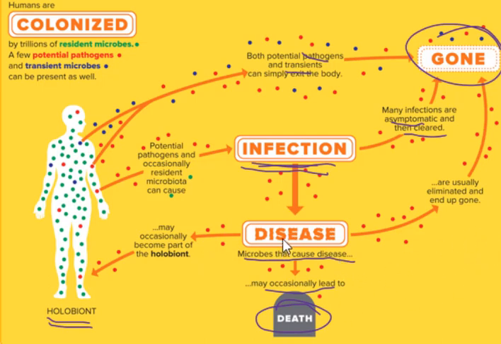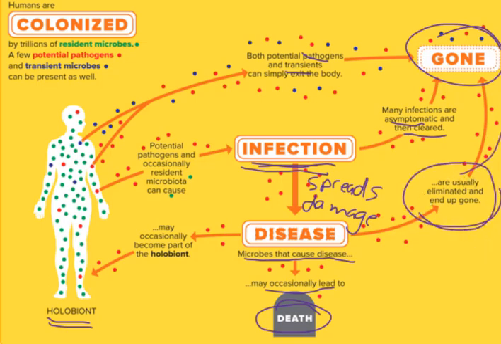There are a lot of different reasons for that, but when it causes damage, that's when you have disease. If the infection spreads and causes damage, then you have disease. And if it continues and it's not cleared, then it can cause death. But usually they are eliminated and they're gone.